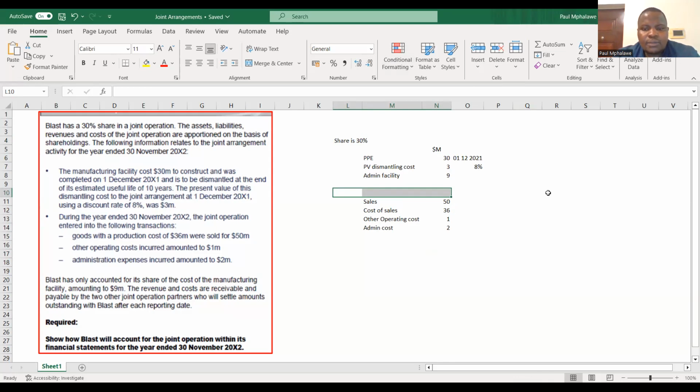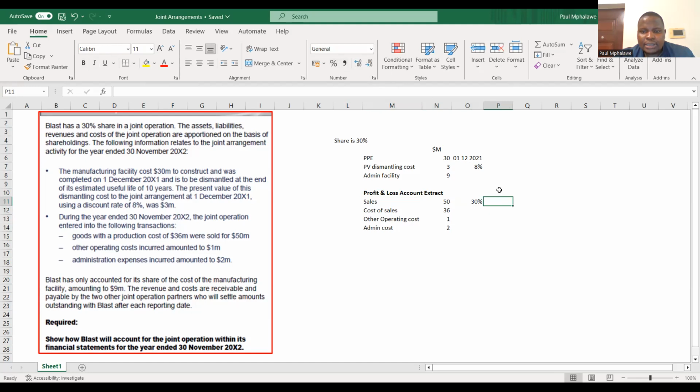It's clear to say that in the profit and loss account extract, we are going to show the following. The rate of share is 30%. Okay.